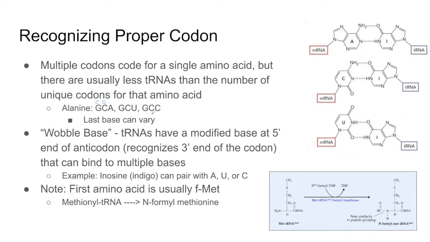The way to solve that is through this example right here, where you have a base called inosine. Inosine is special in that it can bind to A, C, and U with just one structure. What you'll notice here is that the part of inosine that binds doesn't change.